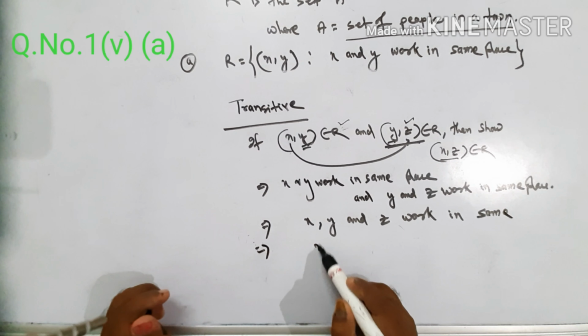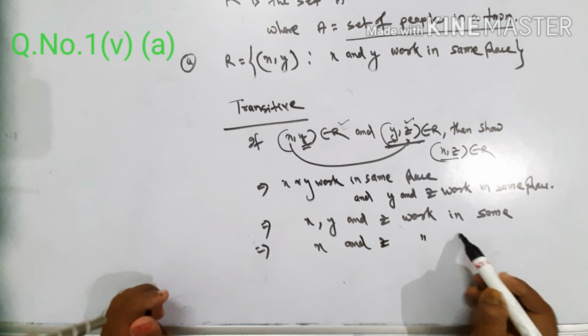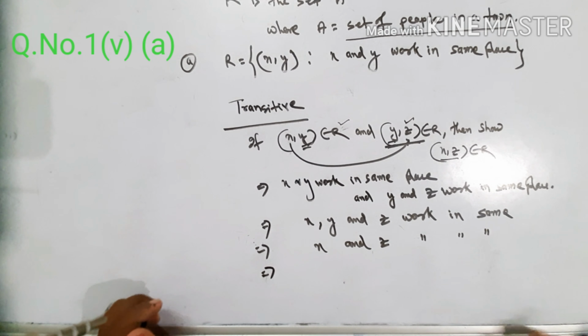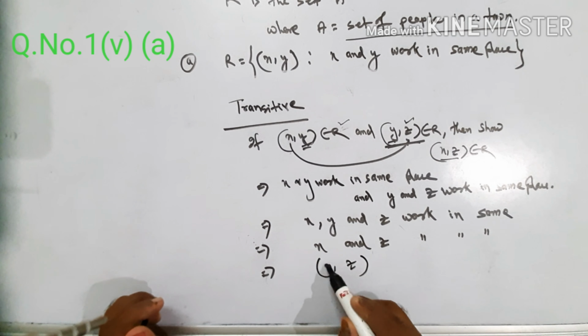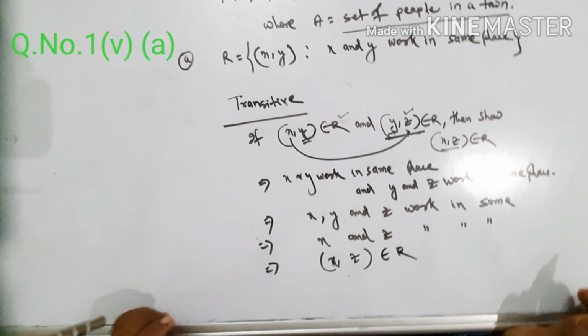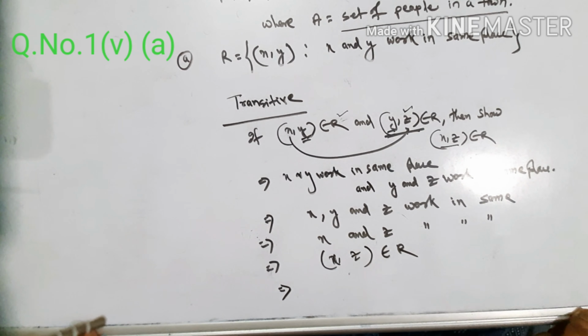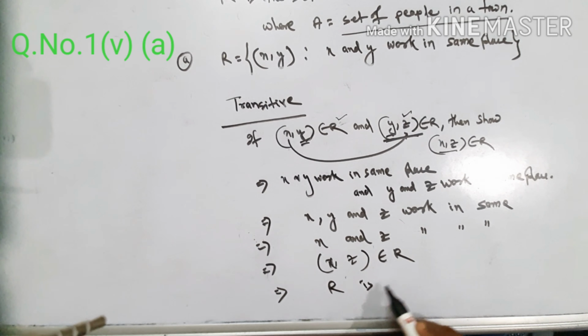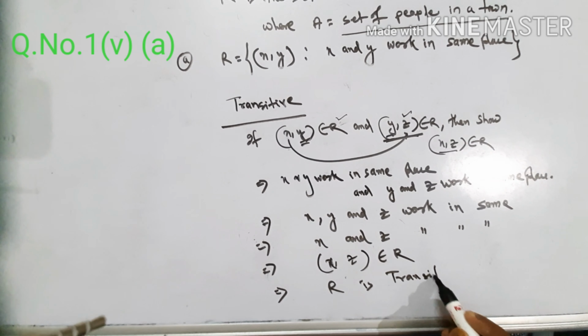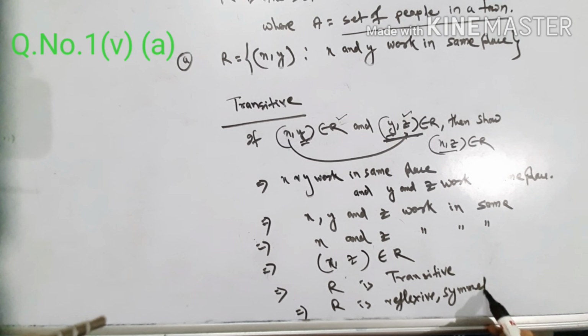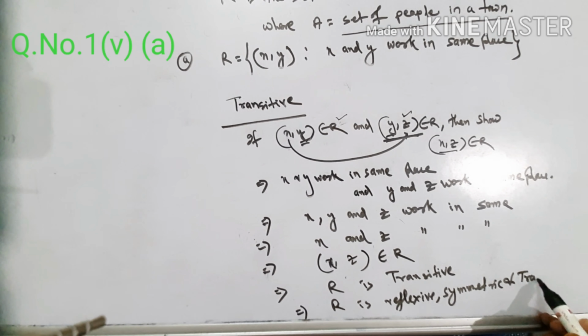This implies x and z were in the same place. This implies (x, z) belongs to R. So R is transitive. Therefore, R is reflexive, symmetric and transitive.